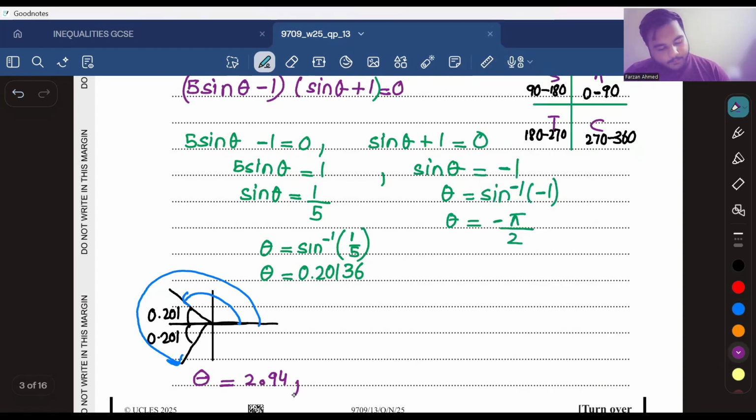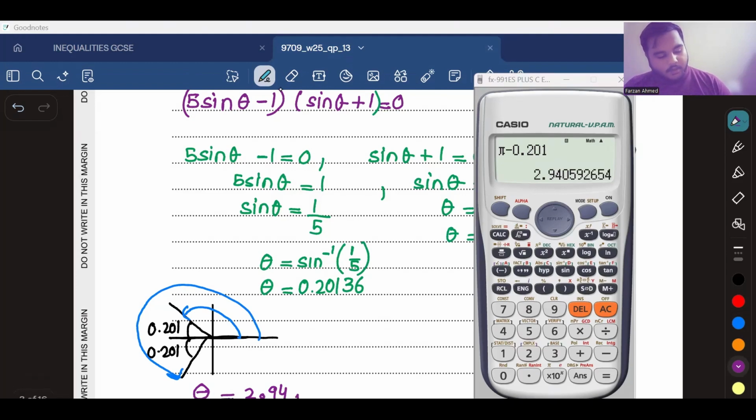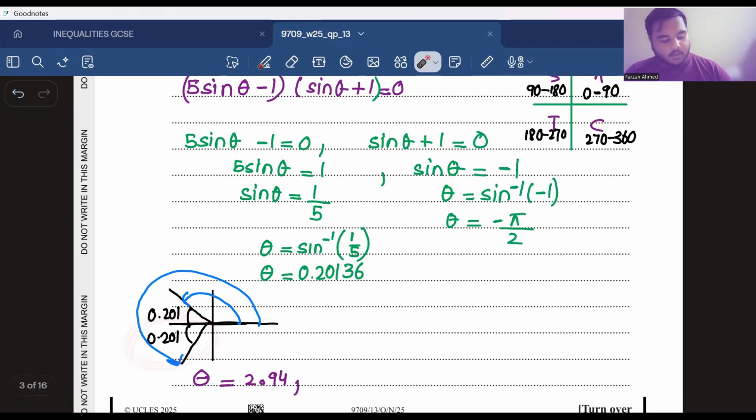Now for this second quadrant, this is exceeding 360, so we will not use this. We will use only this.